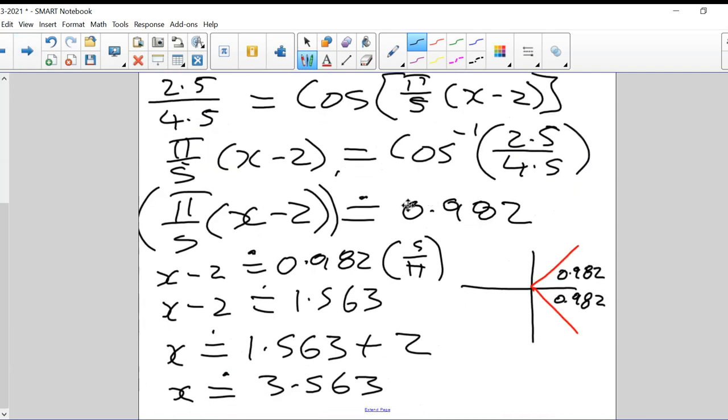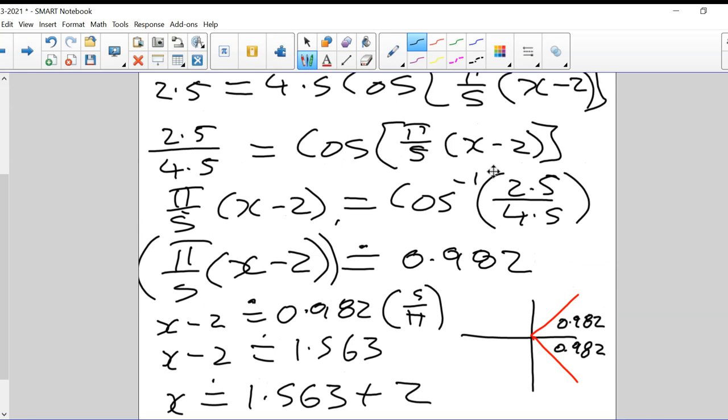Completely disagree with that. Because this thing says that pi over 5 times x minus 2 is 0.982. If that's what you're saying, Jeremy, I can't agree with that at all. That's not my value of x, right? Because x is buried inside of this thing.